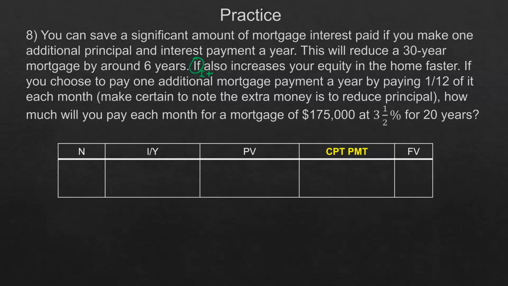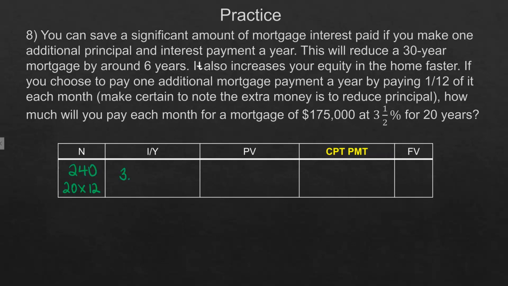All right, so this is a little bit different here, and we're going to calculate this in just a moment. Okay, so first we just have to put this all in our chart and on our calculator. For 20 years, that's 20 times 12, 240 payments on a 20-year loan.